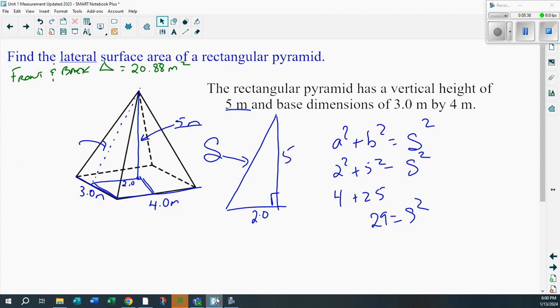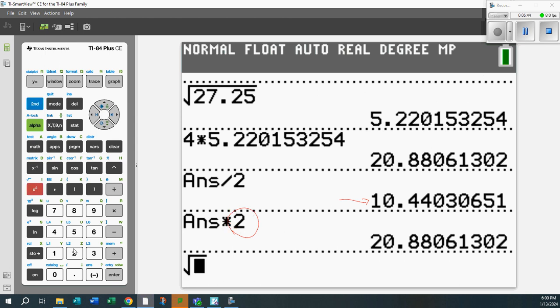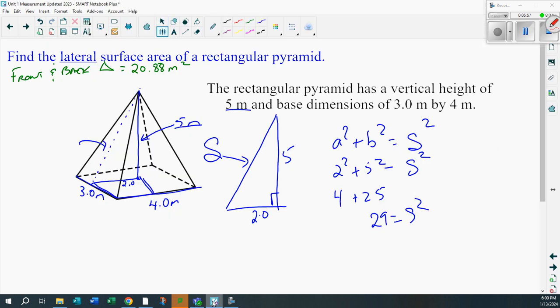Let's put it into the calculator right now. Square root of 29. Let me get rid of this circle on this line so it's not going to confuse us. I got 5.39. So I know that this is 5.39. Beautiful. And that's meters, so that's my new slant height.